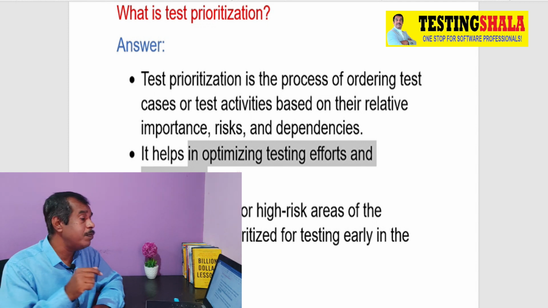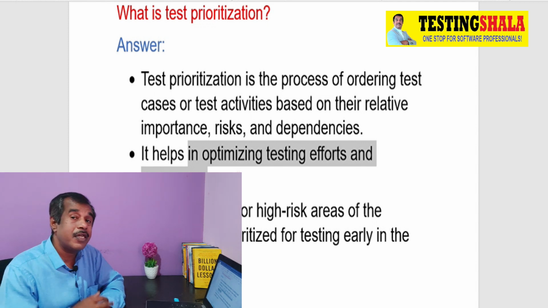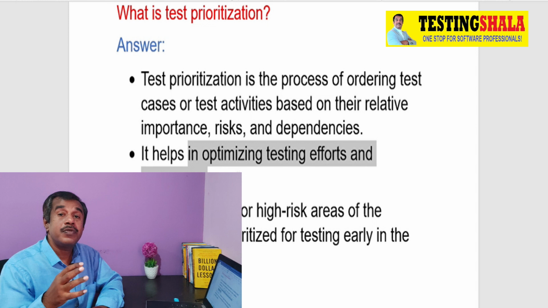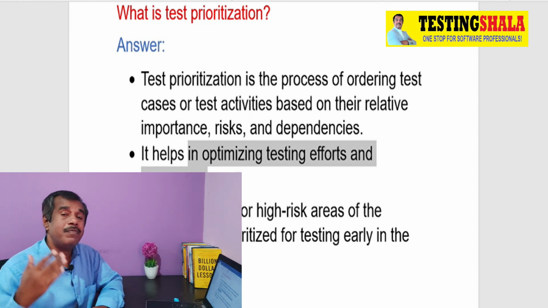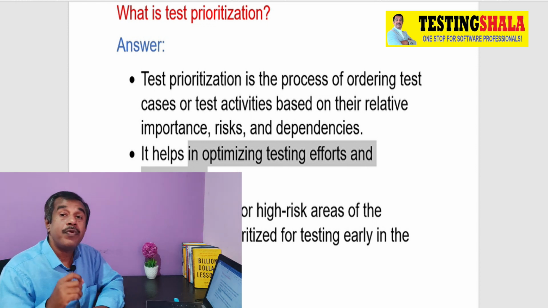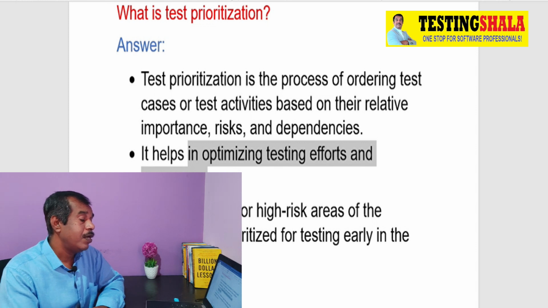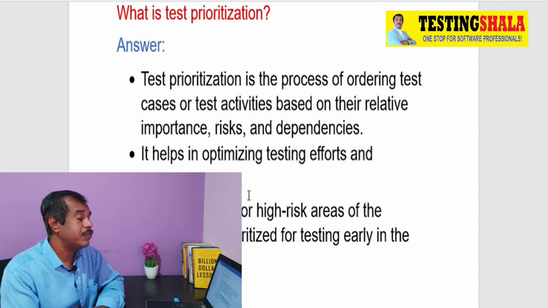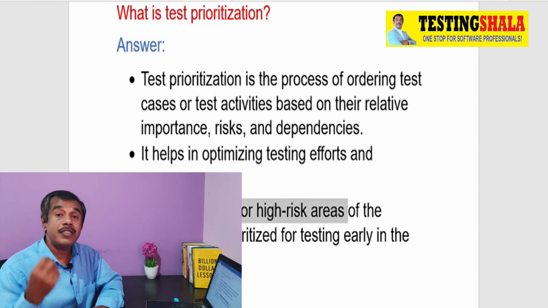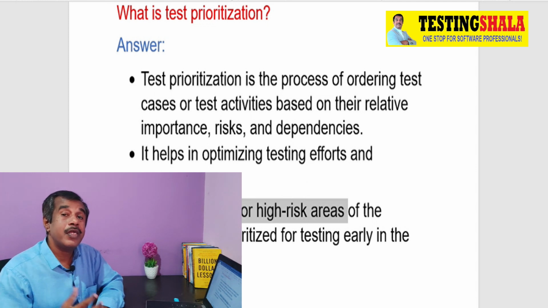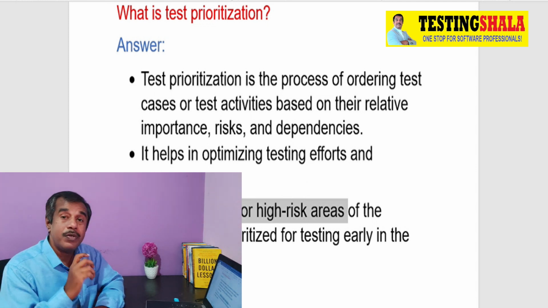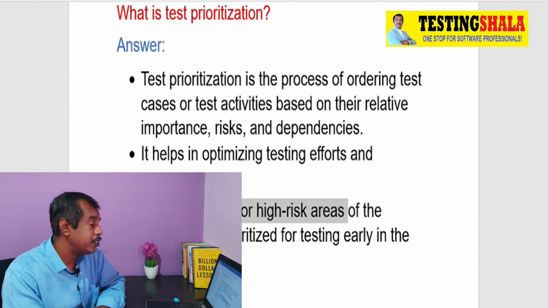To reduce that, we utilize this test case prioritization mechanism, which saves a lot of machine effort as well as human effort if you prioritize the test cases correctly. For example, critical or high-risk areas of the software may be prioritized for testing, giving feedback early to the development team. That is when we utilize this test prioritization technique.